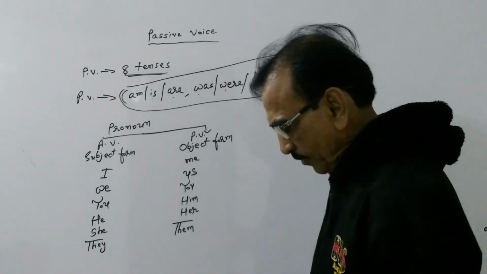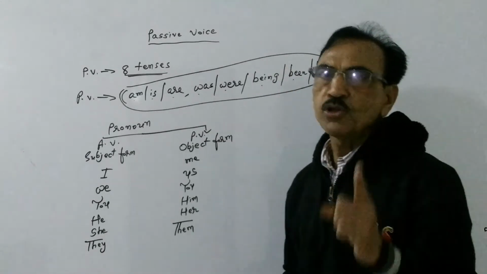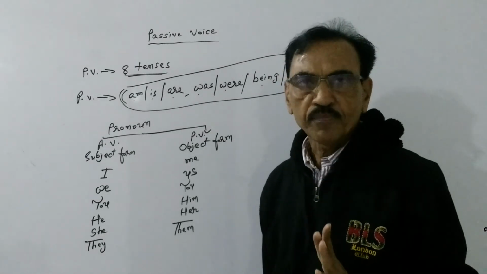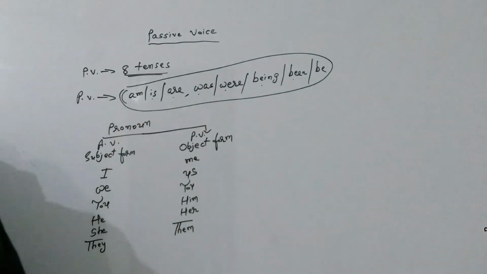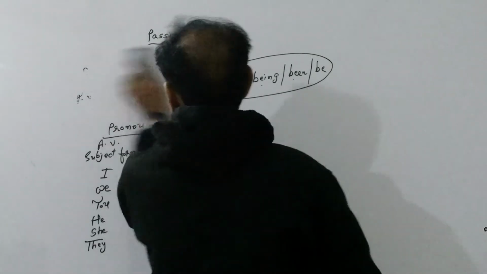So friends, passive voice has only 8 tenses. I will give you the formula to make it easier for you people.